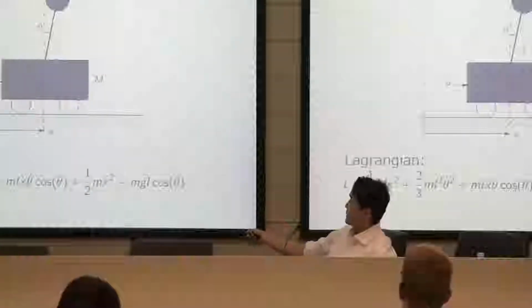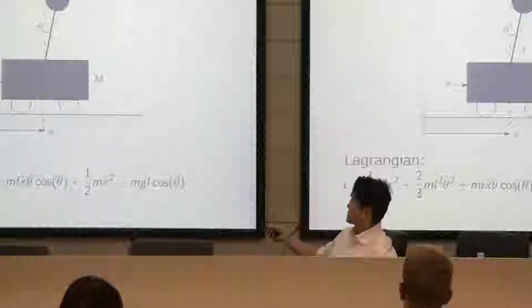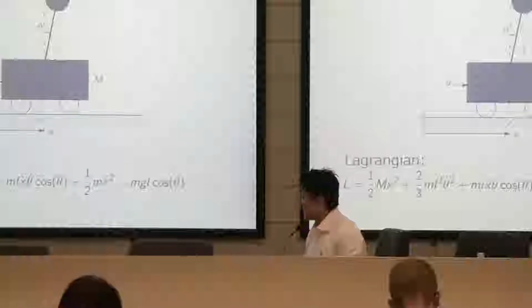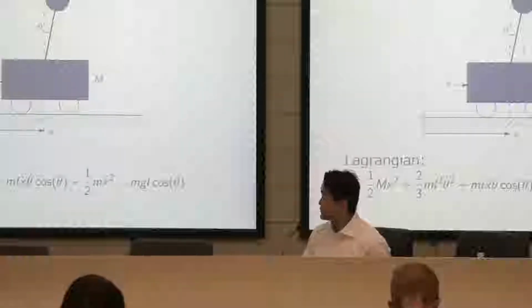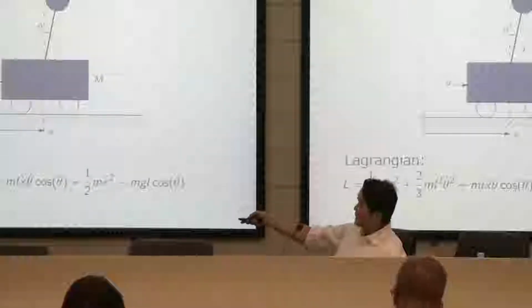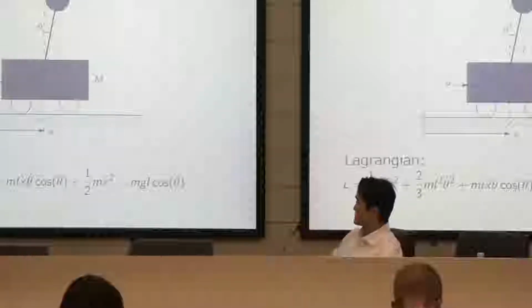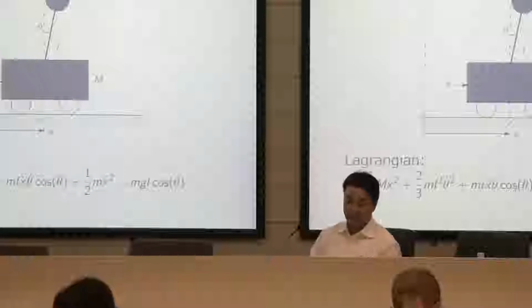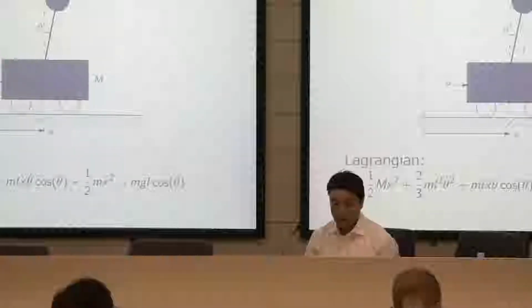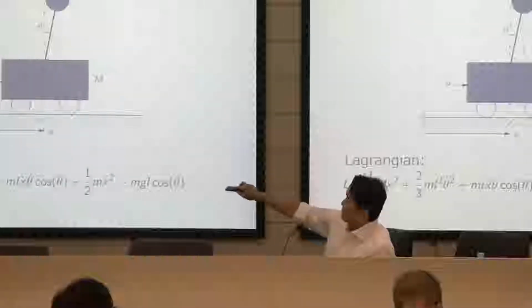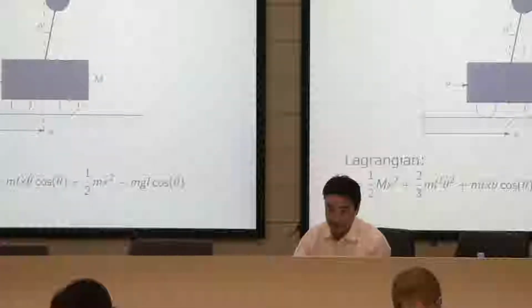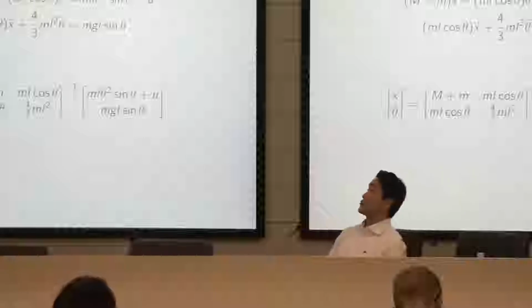And the kinetic energy minus the potential energy will be the Lagrangian. I skip how to derive this, but this is a simple procedure using physics. And once we get this Lagrangian, the next step is to derive Lagrange's equations of motion.